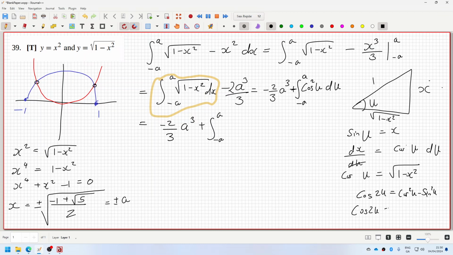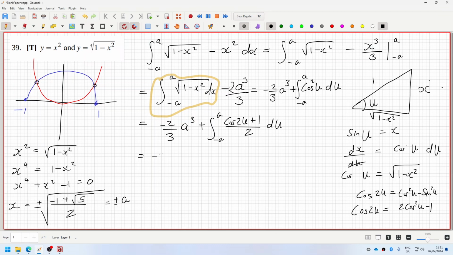But sine squared is 1 minus cos squared. So that would become 2 cos squared u, because we minus minus. Sine squared is 1 minus cos squared. So it'd be 2 cos squared u minus 1. So that would mean cos squared is cos 2u plus 1 over 2 du.